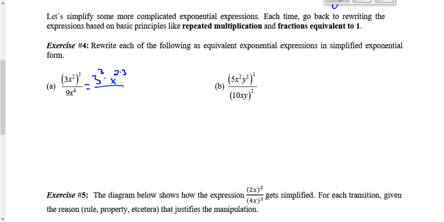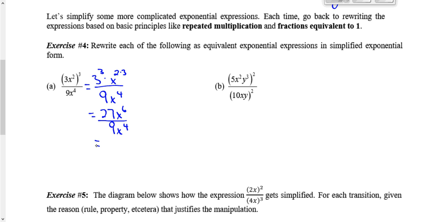All over 9x to the 4th. But what's 3 cubed? 3 times 3 is 9, times 3 is 27. So we have 27x to the 6th, 2 times 3, over 9x to the 4th.